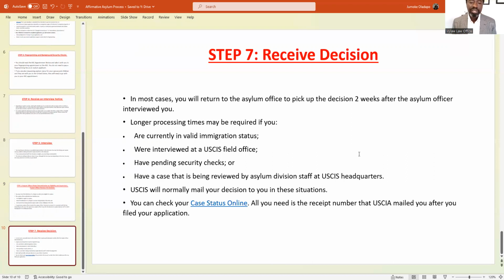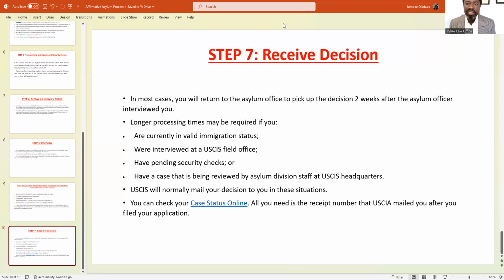USCIS will normally mail you your decision in these situations. You may also check case status online. All you need is the receipt number that USCIS mailed you after you filed your application.